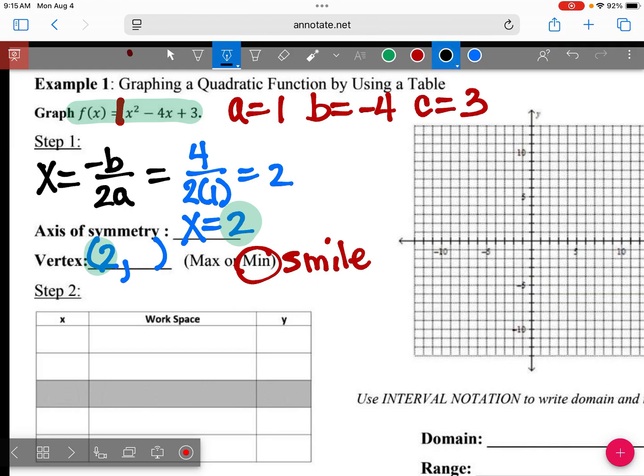I'm rewriting that quadratic, and instead of X, I put parentheses. I want you all to use your calculator and type in a 2, because remember, that's my axis of symmetry. Everybody with your calculator, type in 2 squared minus 4 times 2 plus 3.